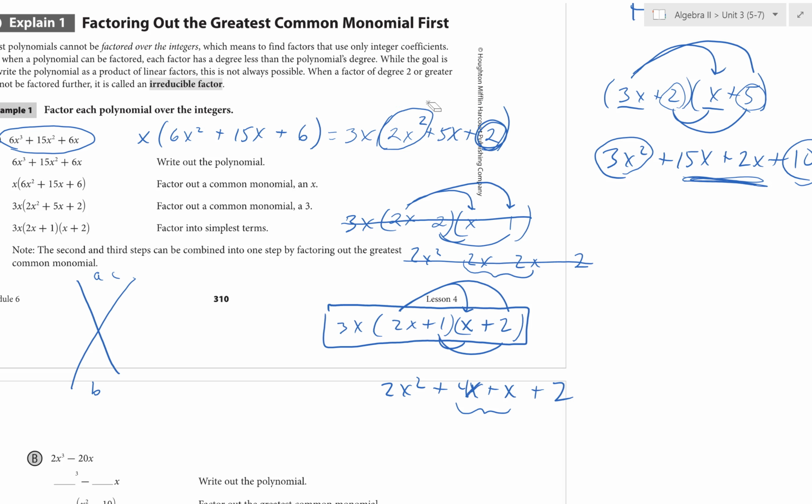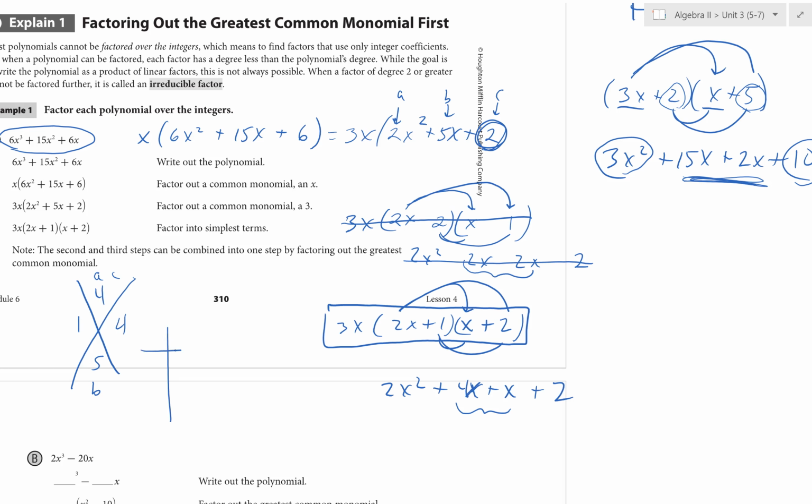So from here, A is 2, B is 5, C is 2. So AC would be 4, and B is 5. So we're looking for 2 numbers that we can multiply to get 4 that add up to 5. So 1 times 4 multiplies to get 4 and adds up to 5.